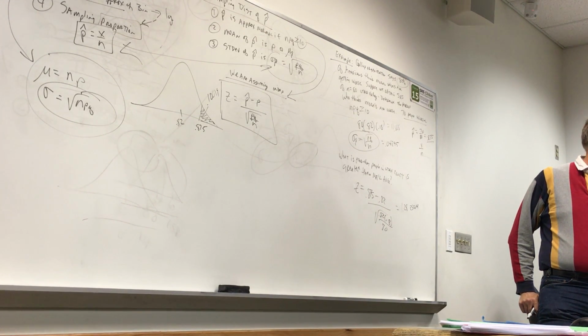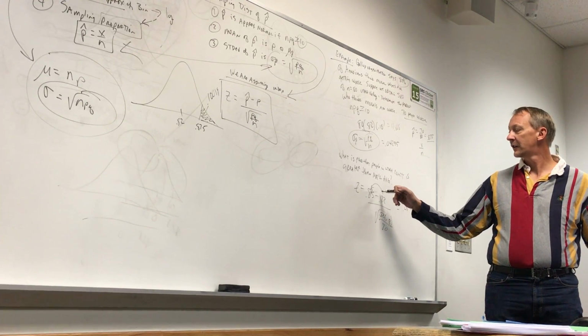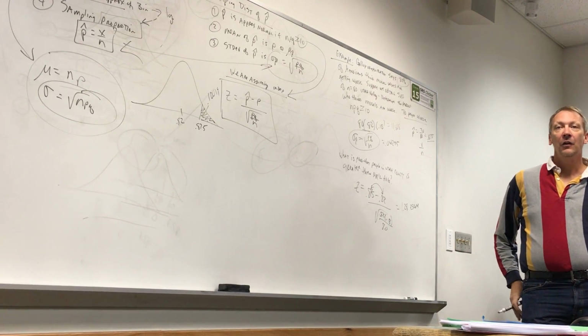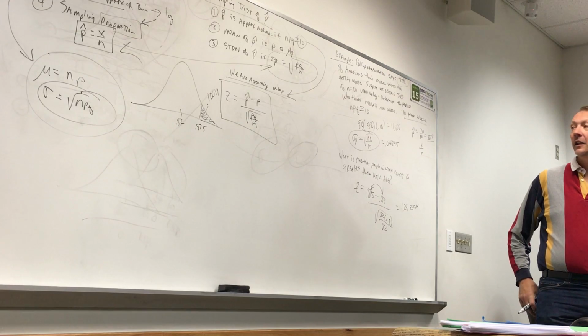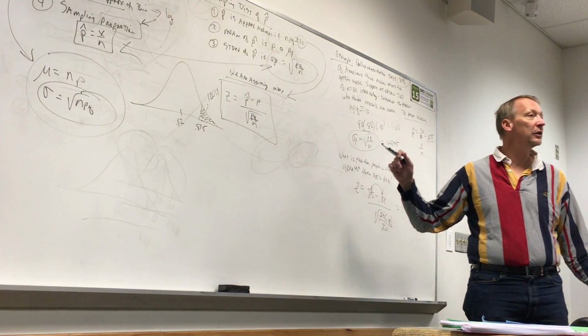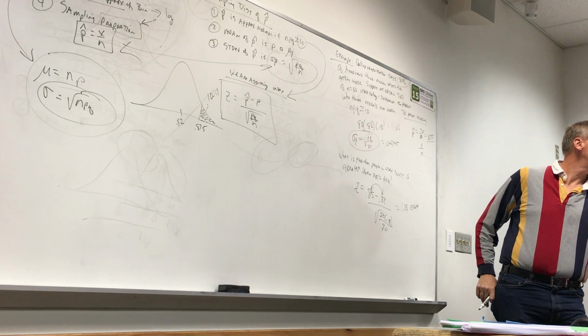Or is it within the margin of error? 10%. Because you think about that, this is only different by 5%, right? What do we call something that's unusual? Less than 5%. So is this unusual? No.